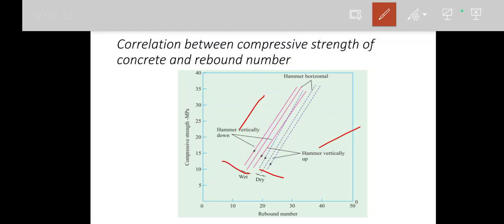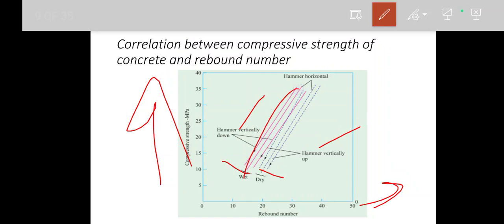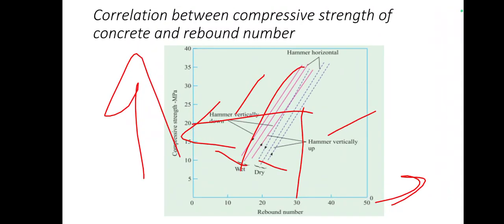Based on the number of experiments carried out, they formed a graph in which the x-axis is the rebound number and the y-axis is the compressive strength. With this line we can predict, suppose if the rebound hammer reading is 30, I'm doing vertically up, what is the compressive strength. Like that I can indirectly find its compressive strength.